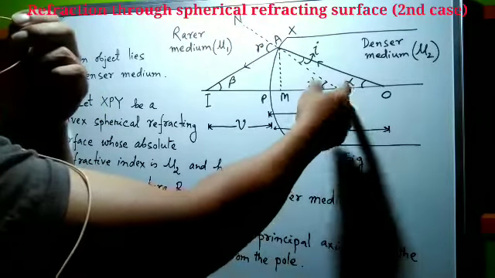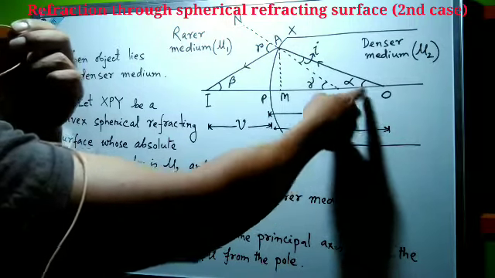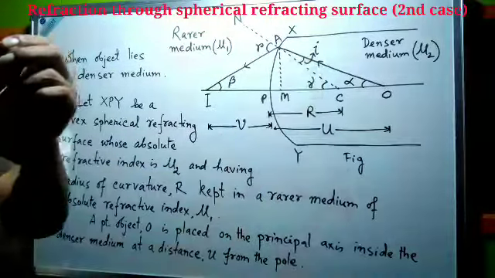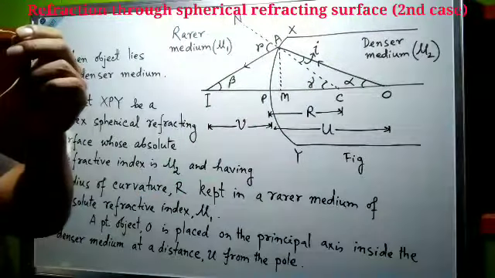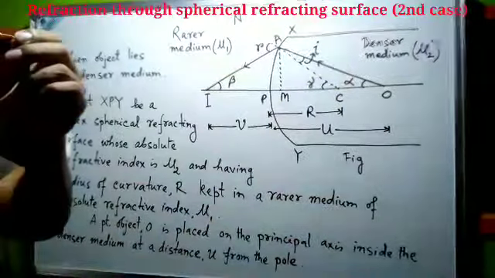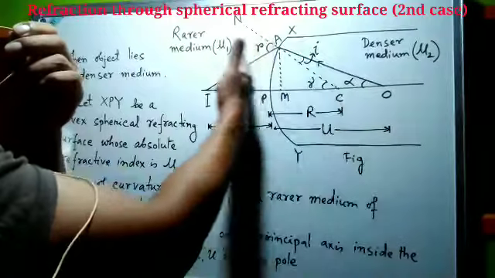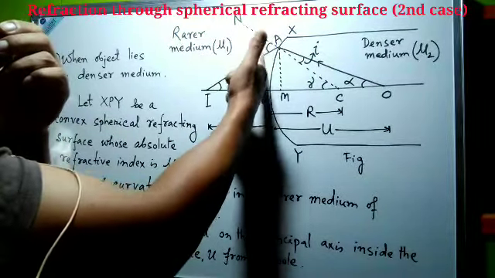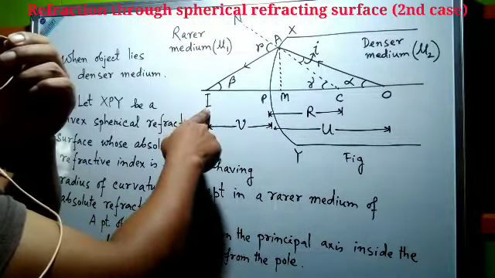So let us consider a ray of light OA emerging from this point object and incident on XPY, making an angle of incidence I. And here CN, the straight line CN represents normal line, and it should be always passing through the center of curvature C. So here light is traveling from denser medium to rarer medium. So after refraction, the refracted light ray bends away from the normal and meets the principal axis at capital I.